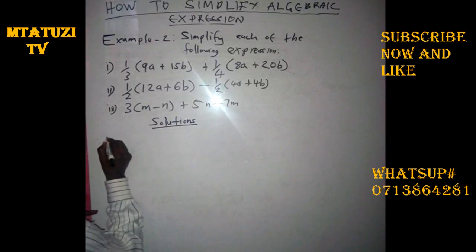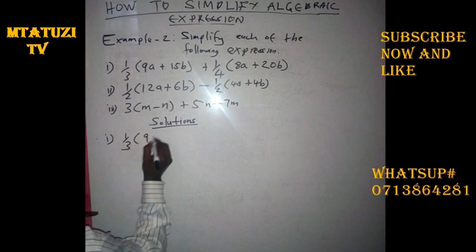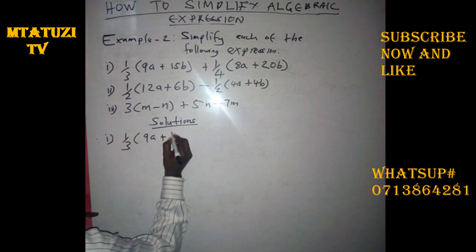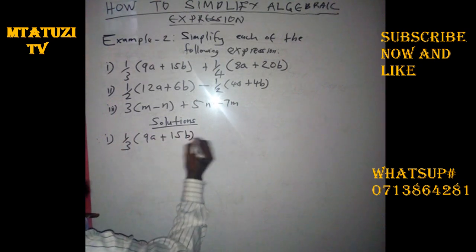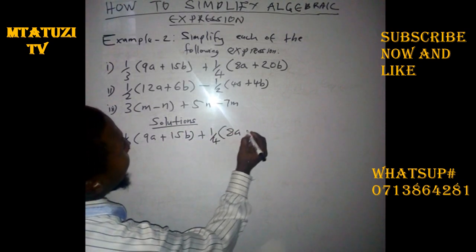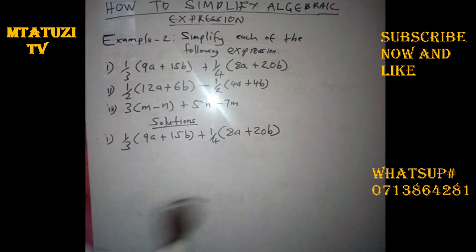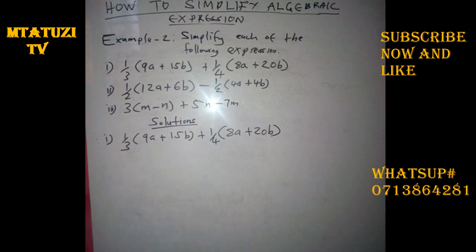You are given number 1 there: 1/3 in bracket 9a plus 15b, plus 1/4 in a bracket 8a plus 20b. So in order to simplify it, first of all, we have to open the bracket.